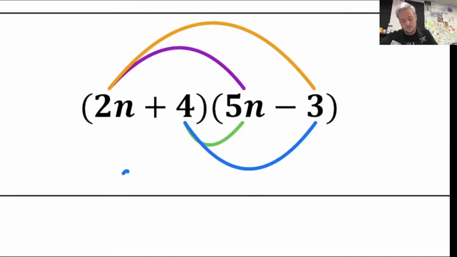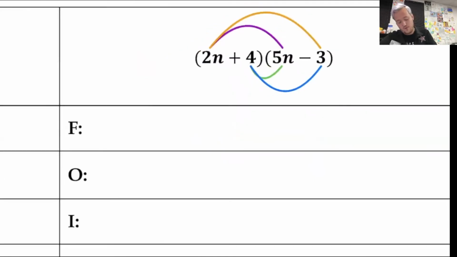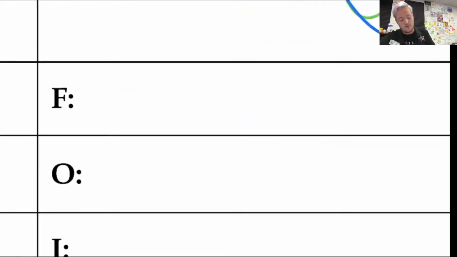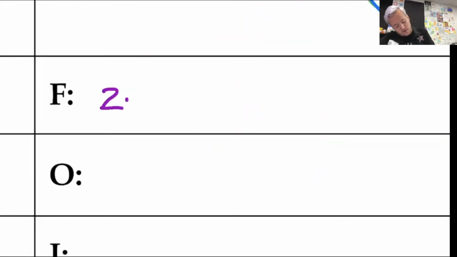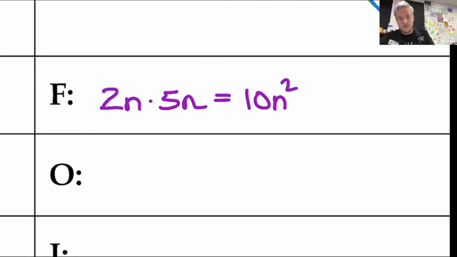All right. So for your first terms here, those are in purple. So we're going to have 2n times 5n. So it's going to be 10n squared.